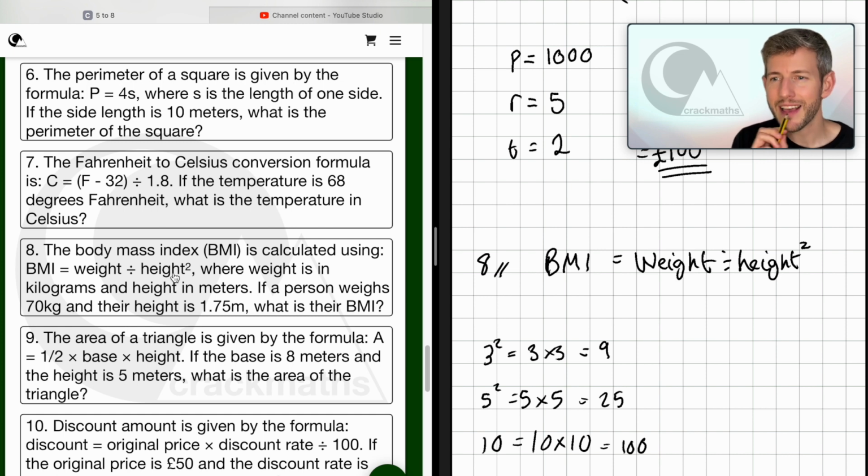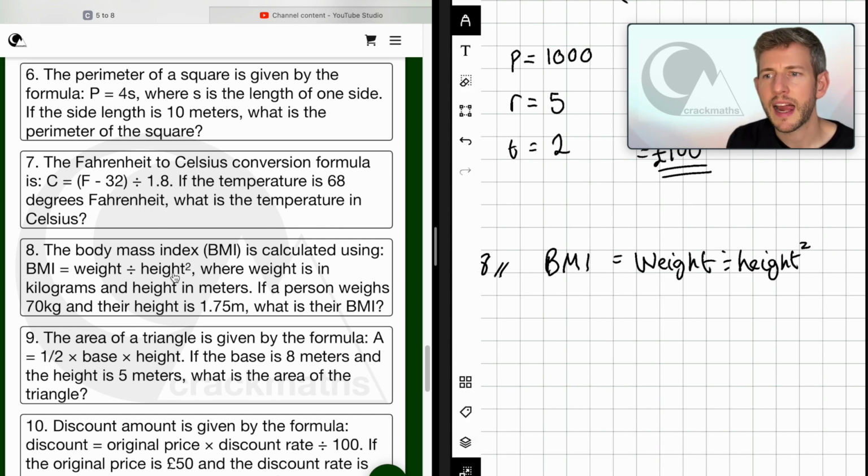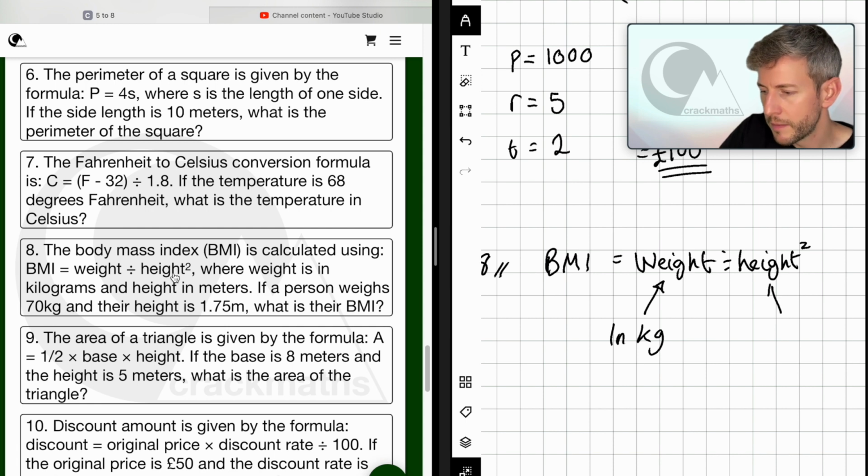And of course, these equal 9, 25, and 100. Okay, so let's have a look at some more of that question to see what they're saying next. Weight is in kilograms and height is in meters. Okay, that is very important. They've specified units for these words. Because of course, we could measure height in feet, inches, or centimetres.